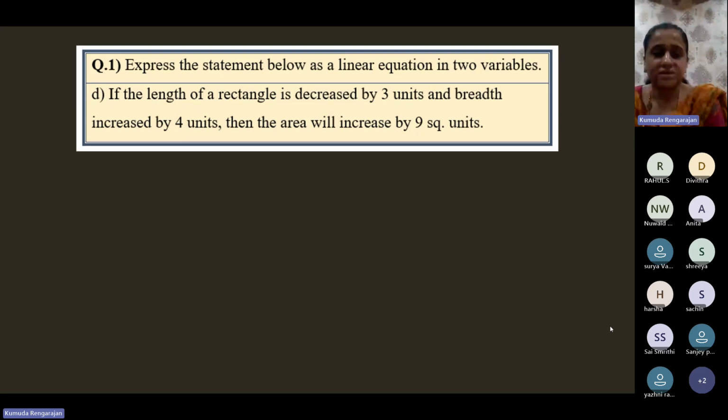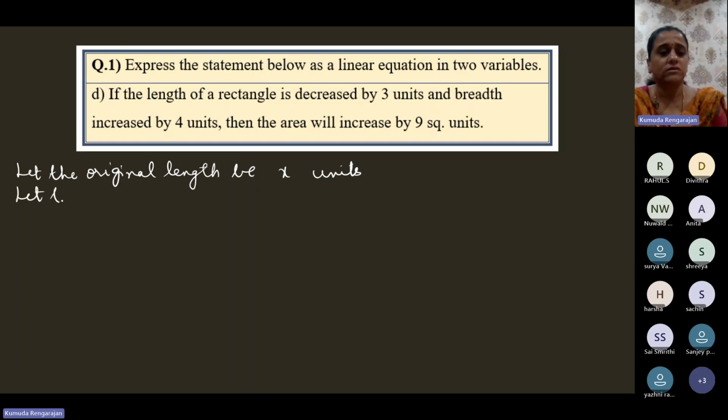If the length of a rectangle is decreased by 3 units and the breadth is increased by 4 units, then the area will increase by 9 square units. So let the original length be X units.